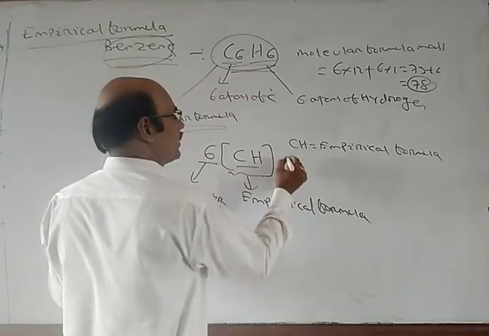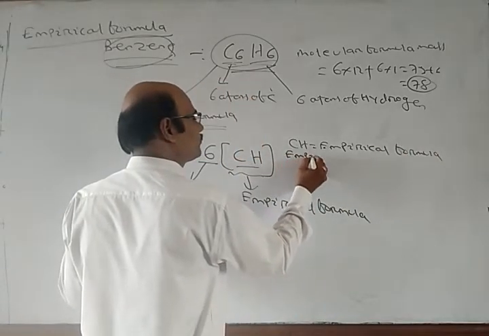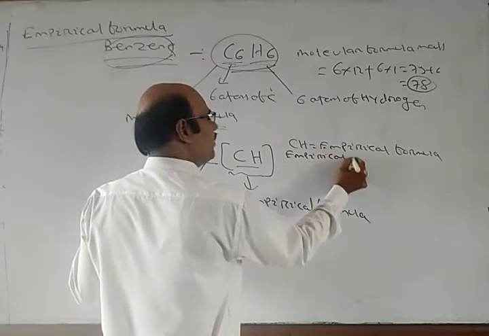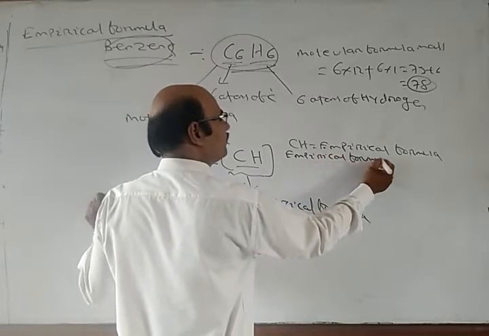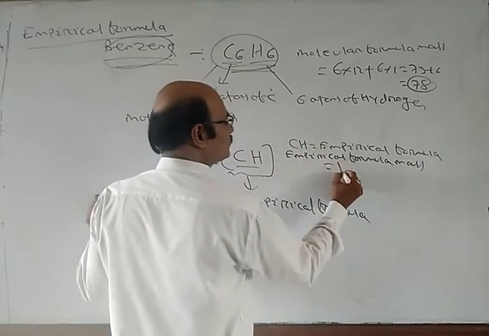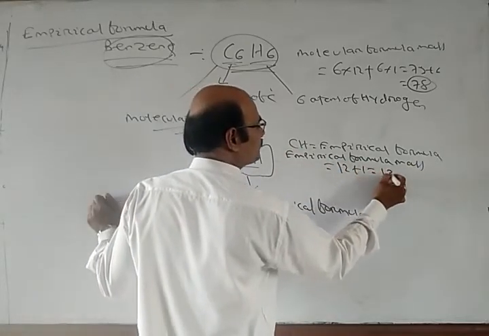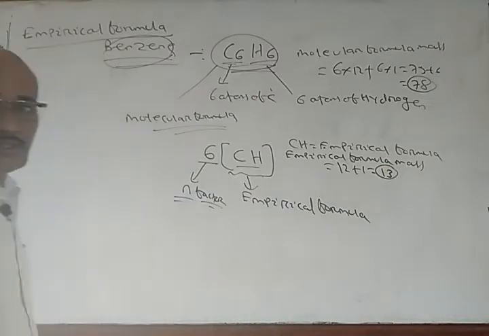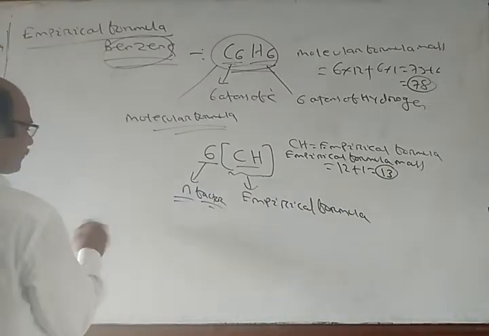Now the empirical formula mass, I'll get carbon 12 plus hydrogen 1, which is 13. Now if I take the molecular formula mass divided by the empirical formula mass, I will get: molecular formula mass is 78, empirical formula mass is 13, so 78 divided by 13 equals 6. So this 6 is the n.